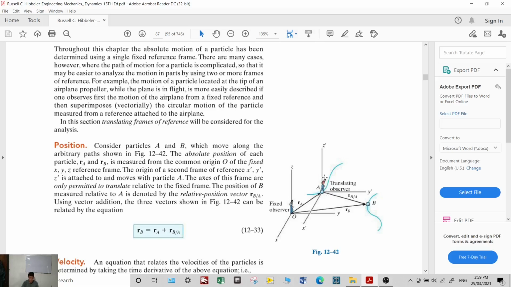Now, this translating reference frame, you can attach it, right?